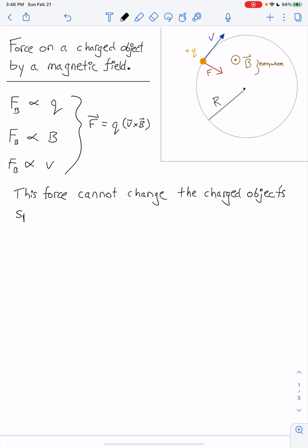And because it cannot change its speed, it also doesn't change its kinetic energy. Only the direction changes.